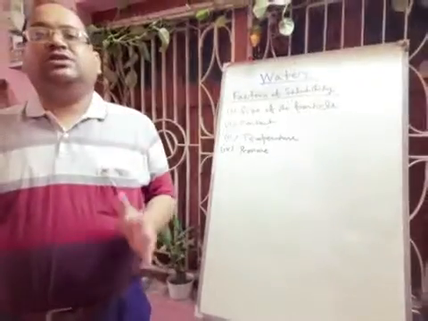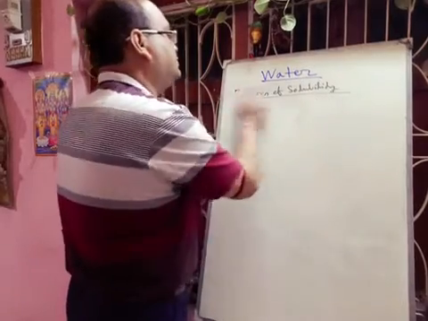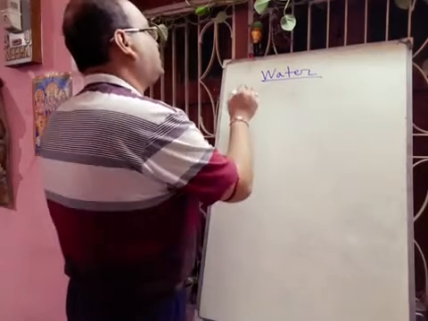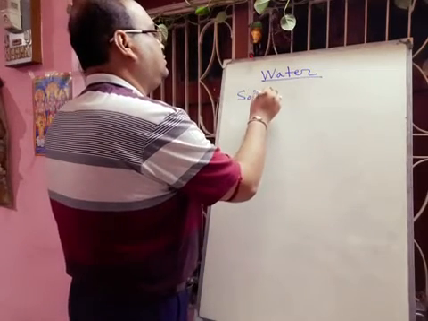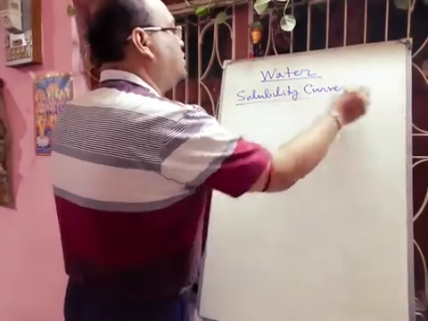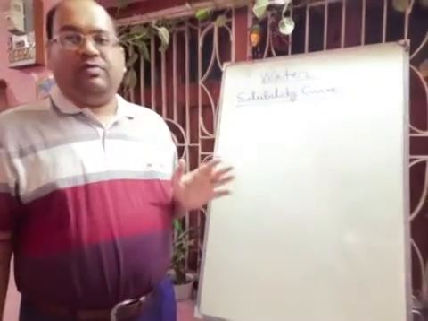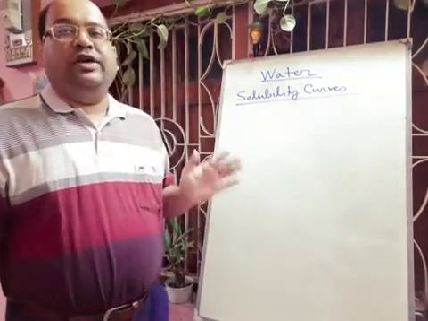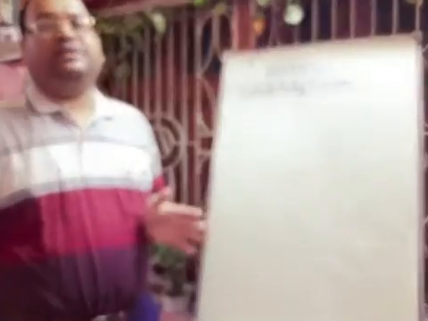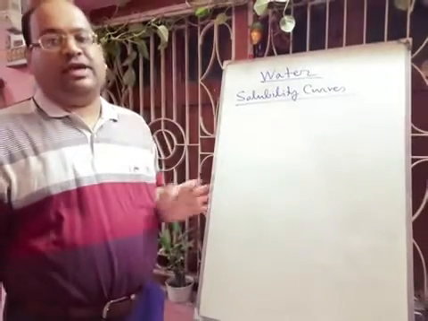Next we will discuss solubility curves. A solubility curve is a type of graph showing the variation in the solubility of a solute in a given solvent with temperature, and this is called a solubility curve or solubility graph.